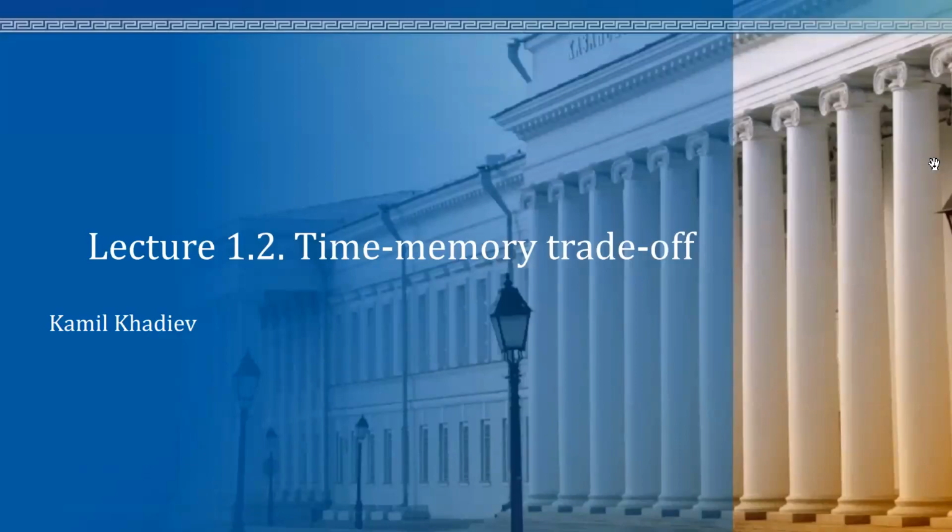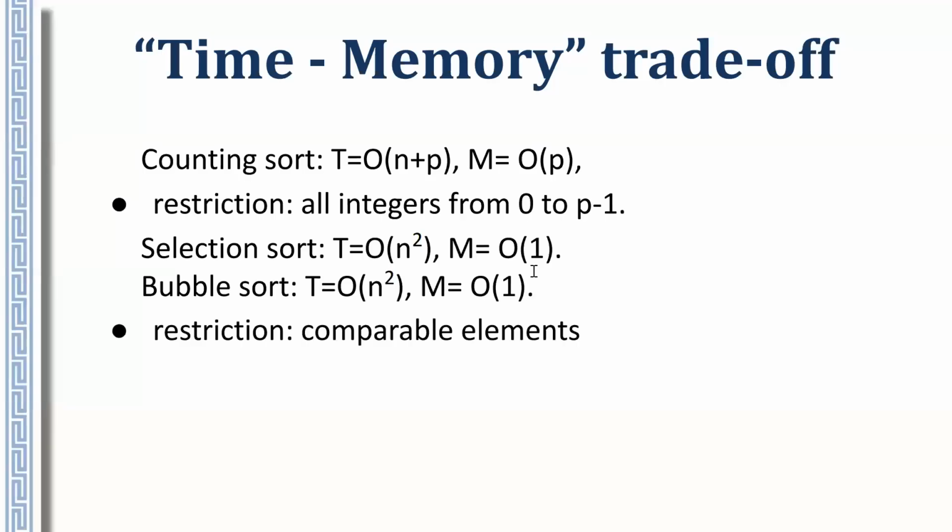Hello, and nice to meet you in our next lesson where we discuss time memory trade-off and discuss solutions for sorting problems. In the previous videos, we discussed selection sort and bubble sort algorithms that have n-square time complexity and constant memory complexity.